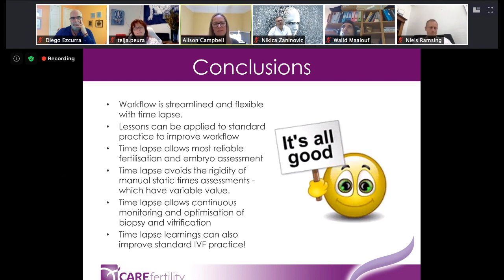And it avoids that rigidity of the manual static times and the clock watching, which may have variable value. It allows continuous monitoring and optimization in the PGTA program, so we can biopsy at the right time for our patients and to vitrify. And we can all learn from historical practice, each other's practice, and hopefully as many people as possible can benefit from all of this experience.